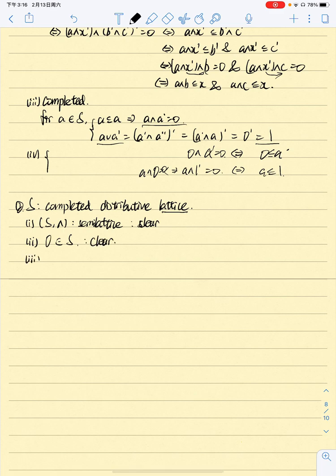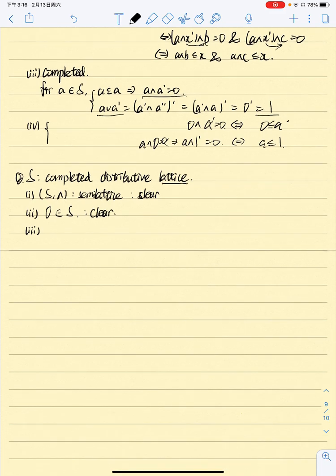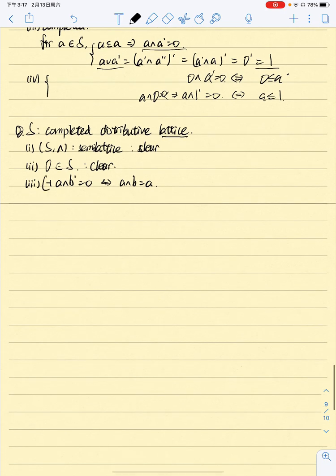And the third one, we need to show the prime. We need to show A and B prime is 0 if and only if A smaller than B, or how to say, A and B is A. Okay, we need to show this.